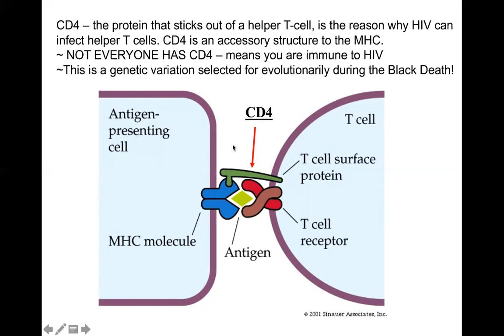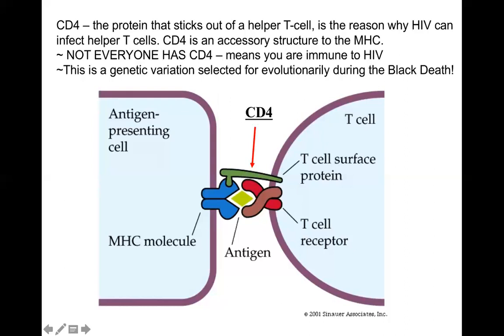The other interesting thing, if you watch that 4-part documentary that I put on Canvas, it's one of my favorite all year, just because of the evolutionary implications of this. This CD4 variation of some people having a CD4 and some people not on their helper T cells. If you don't have it, you are also immune to the Black Death. And Black Death, when it swept through Europe, killed like a fourth of all of the people at that time.